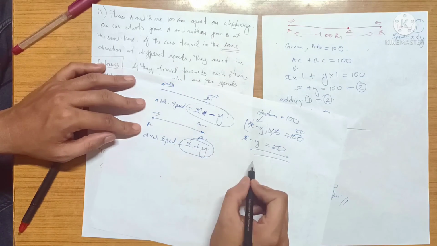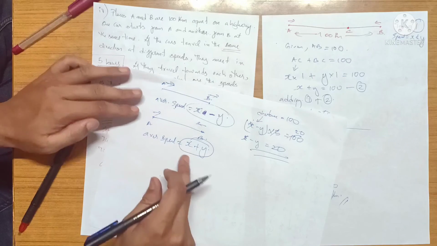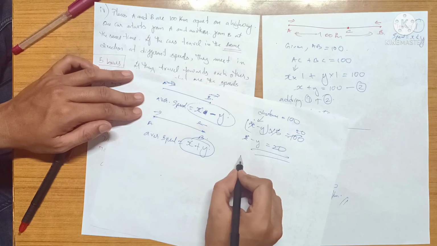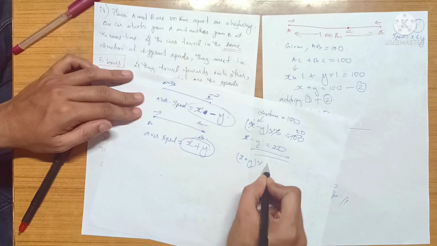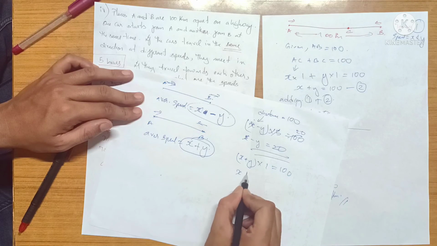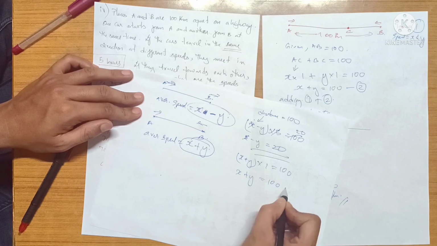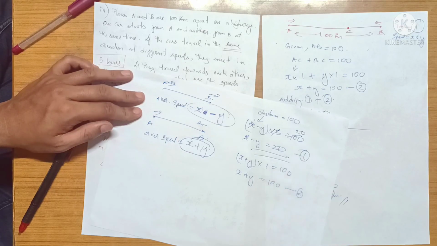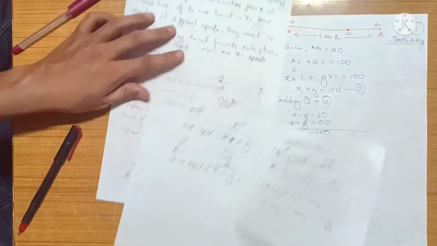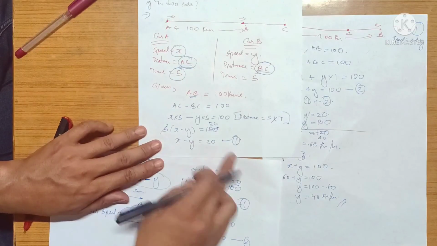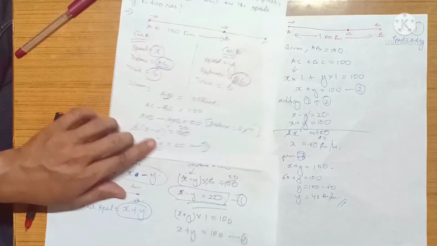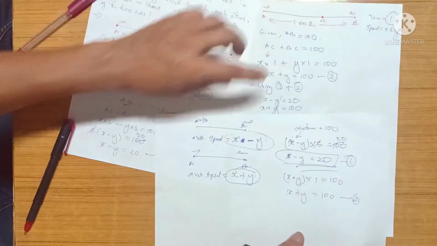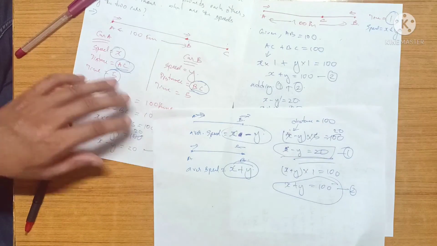If they're moving towards each other, the relative speed is x plus y, so x plus y times the time taken, 1. So x plus y equal to 100 will be our equation 2. Look at this, it's exactly matching up. Equation 1 is x minus y equal to 20, x minus y equal to 20. Equation 2 is x plus y equal to 100, x plus y equal to 100.